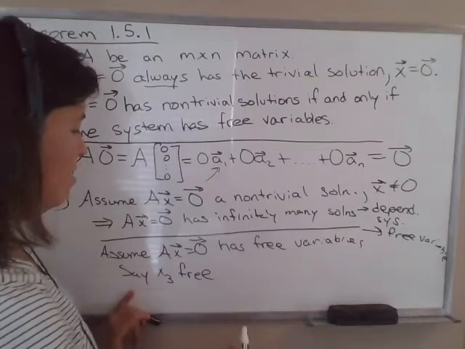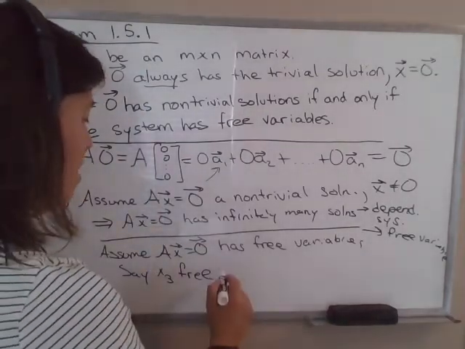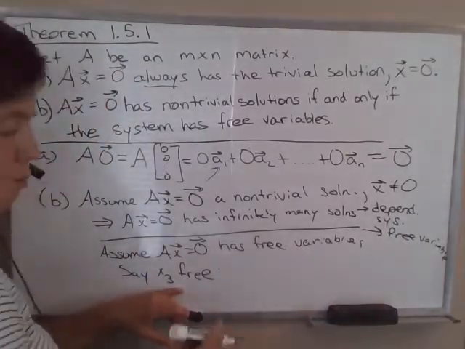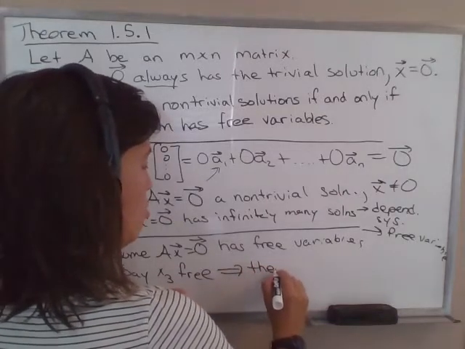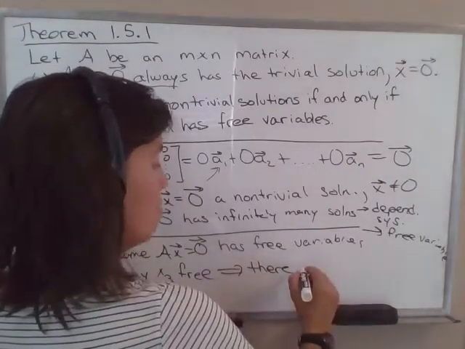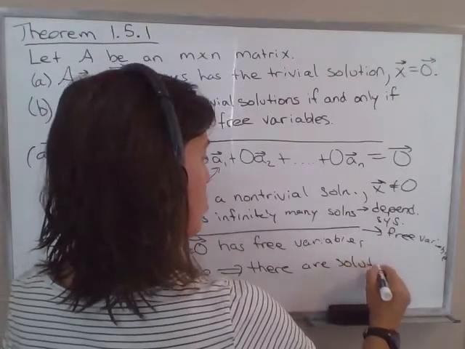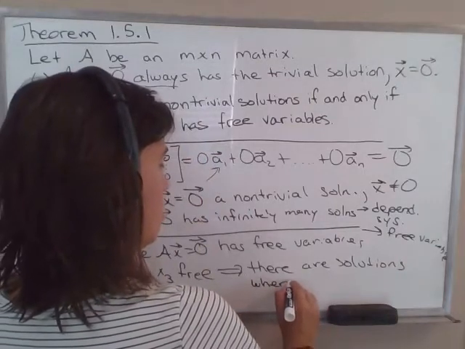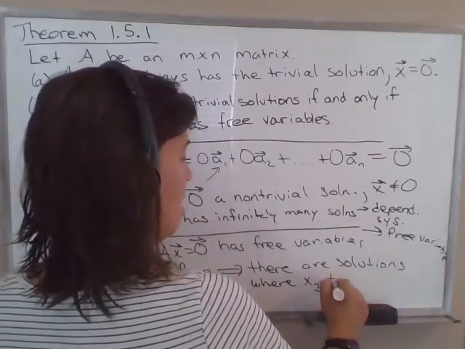If x3 is a free variable, then there are certainly solutions where x3 does not equal 0 because we can make x3 whatever we want. So that implies that there are solutions, infinitely many in fact, where whatever your free variable is, and I'm just pretending like it's x3, does not equal 0.